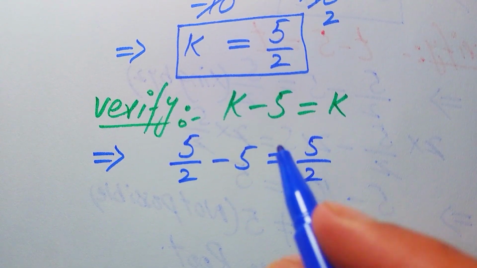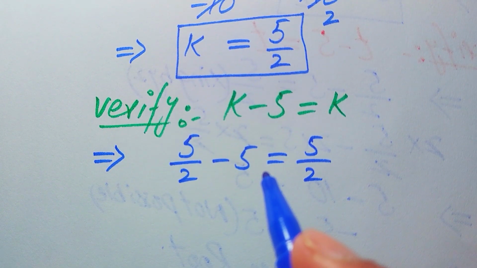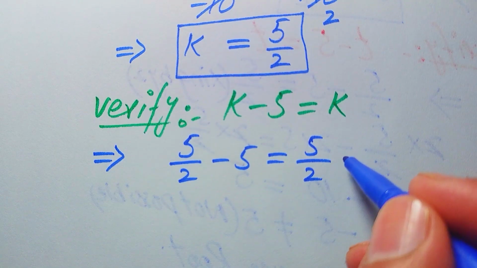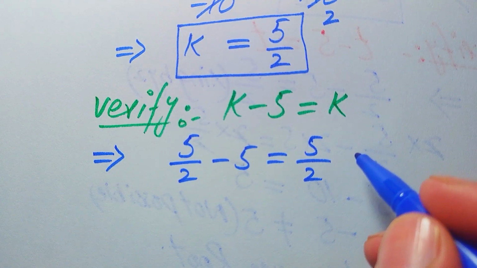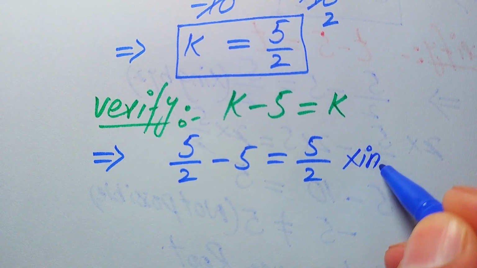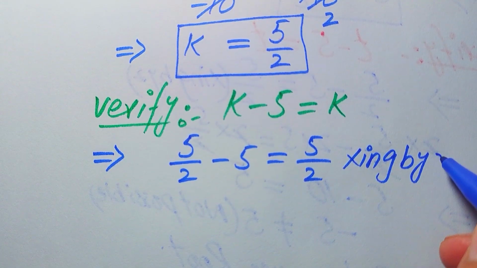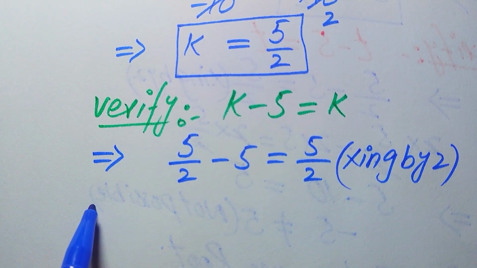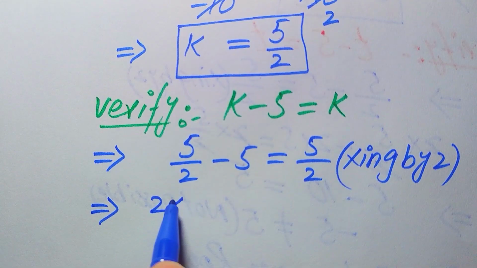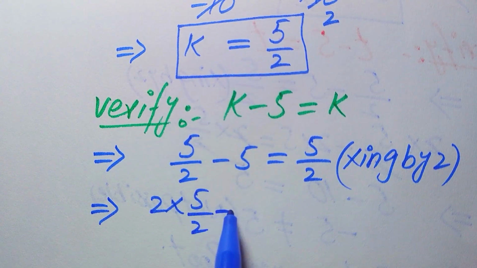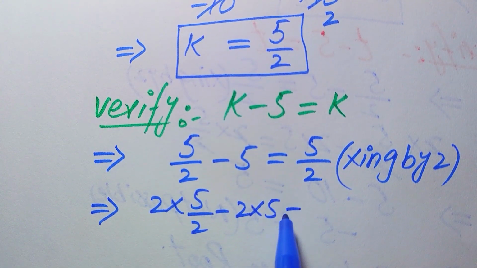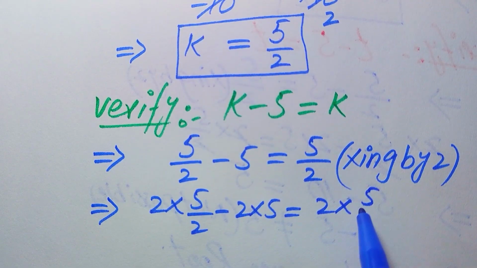So here we check whether both sides are equal or not. For this we need a little bit of simplification, so first we multiply both sides by 2. When we multiply both sides by 2, it will be written as 2 multiplied by 5/2 minus 2 multiplied by 5 is equal to 2 multiplied by 5/2.